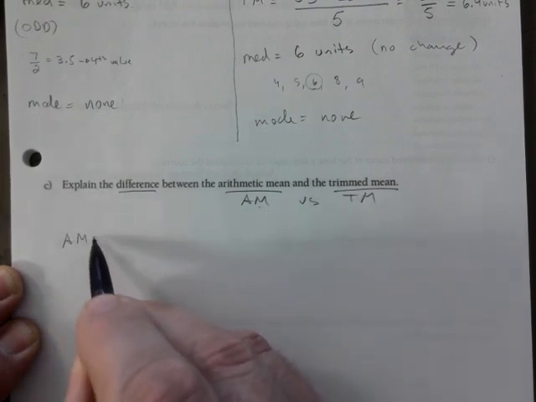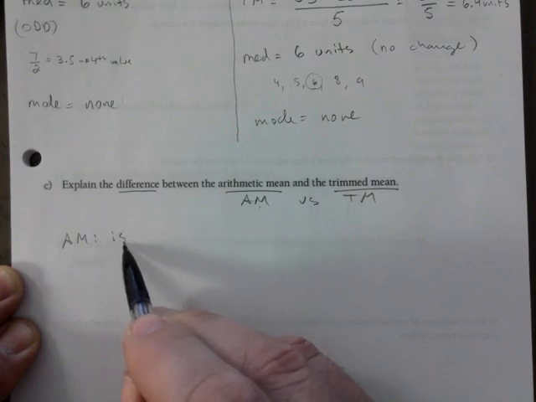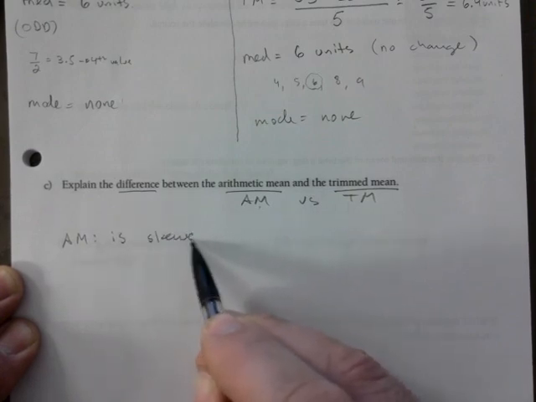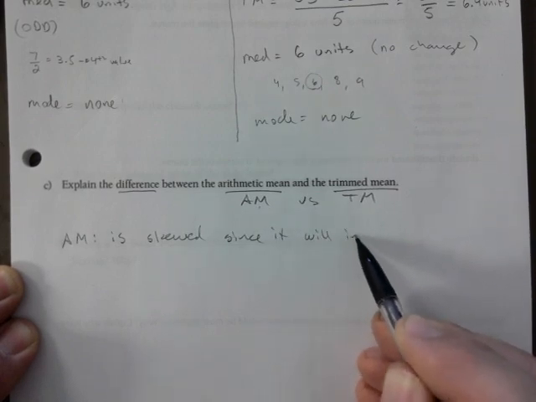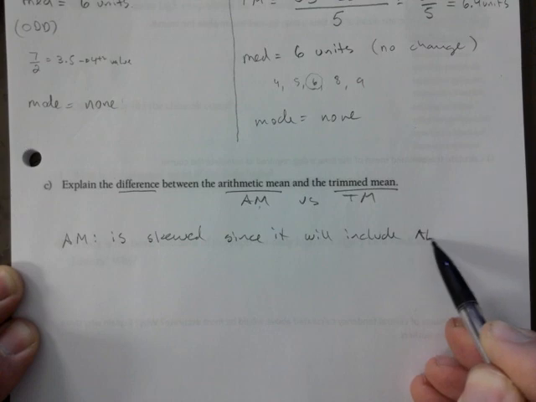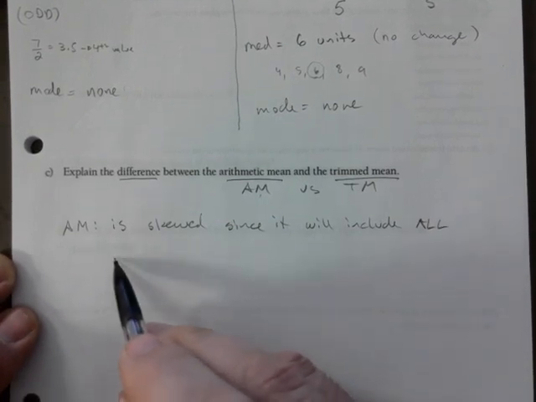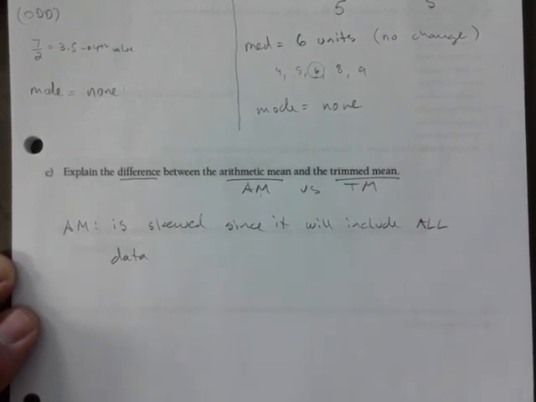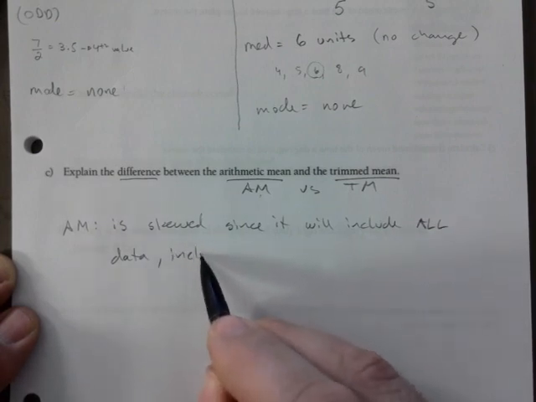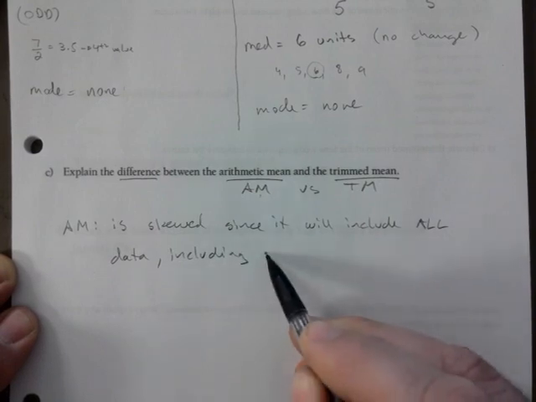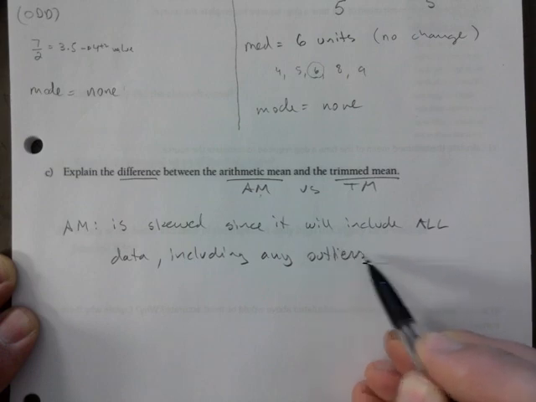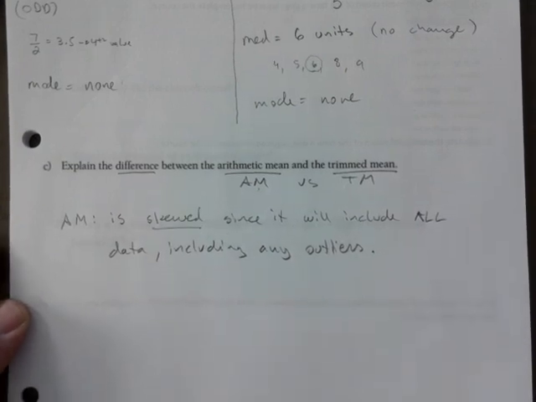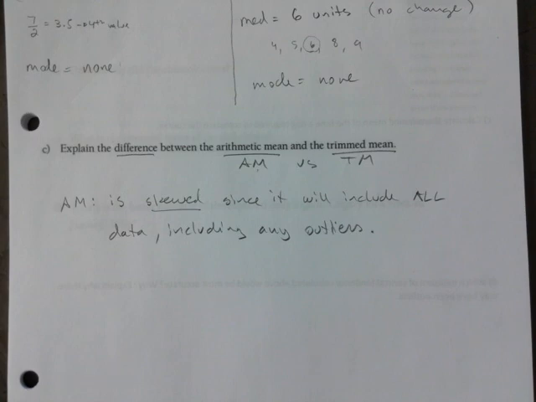The AM is skewed since it will include all data, including any outliers. But it will be skewed or biased. Okay, skewed or biased.